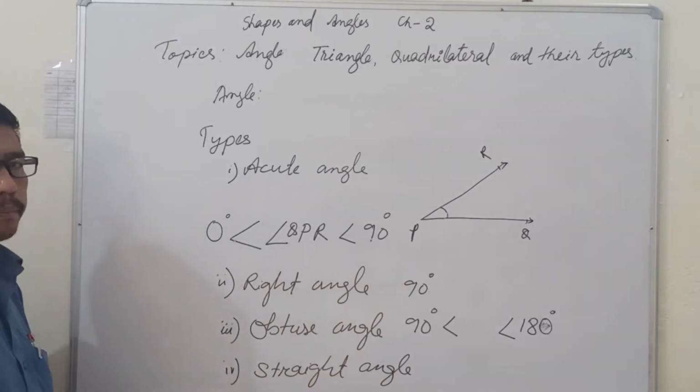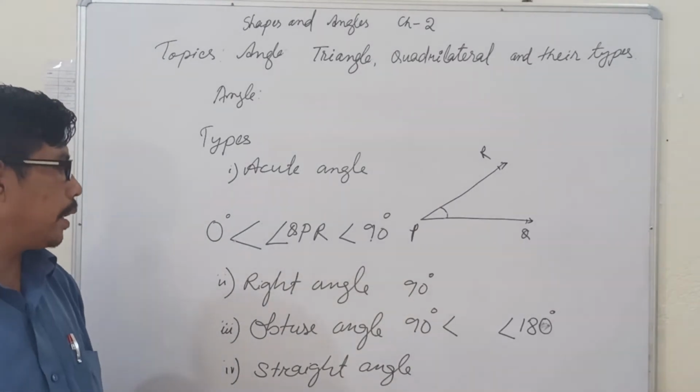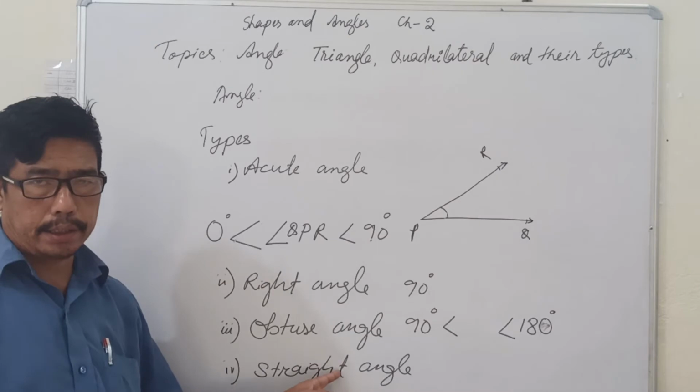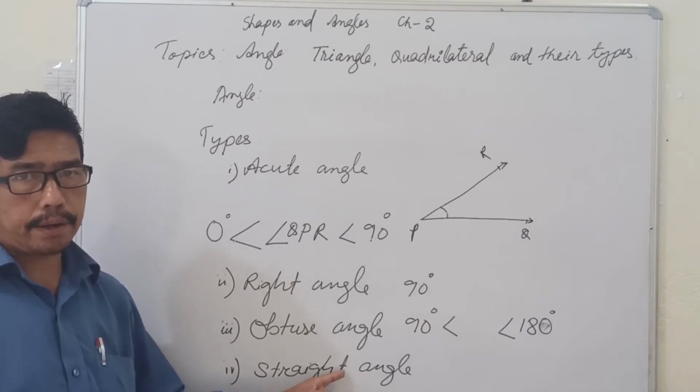Straight angle. The angle whose measure is exactly 180 degrees is known as a straight angle.